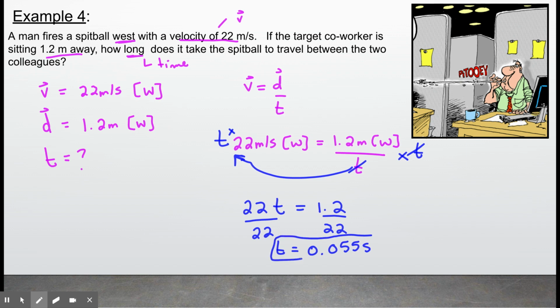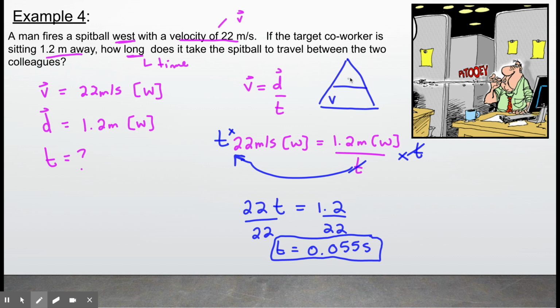Okay. For those of you for whom algebra is not your strong point, there is a little mechanism that you can use, though I don't love to do it.